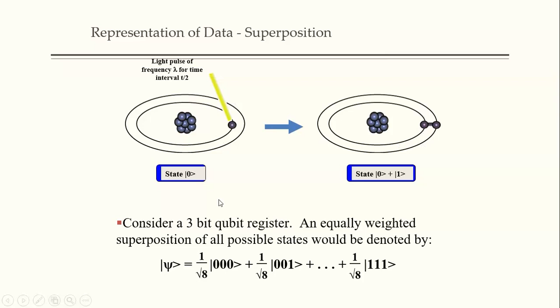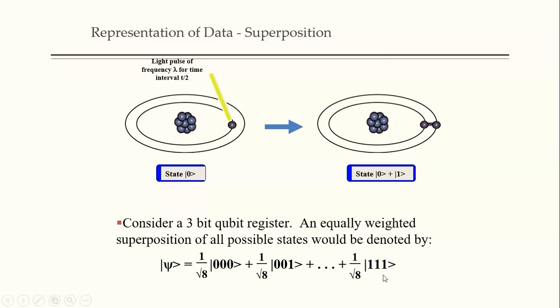So this is the formula for a 3-bit qubit register. Actually, we studied in digital that for 3 bits, it will be from 0 to 7. See here, this 000 is 0, 3-bit, and 111 is 7.